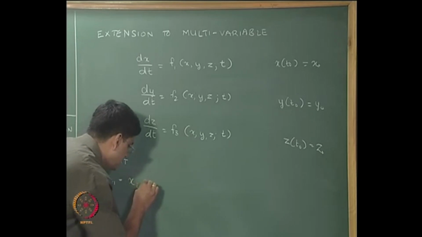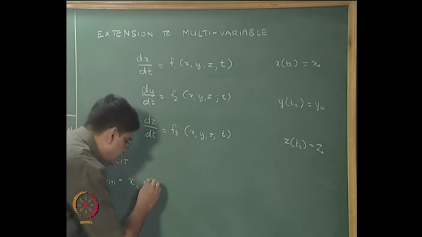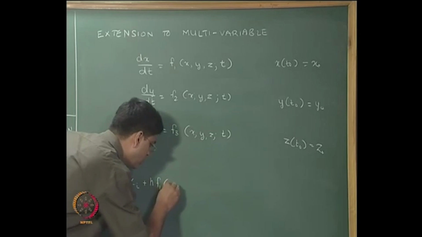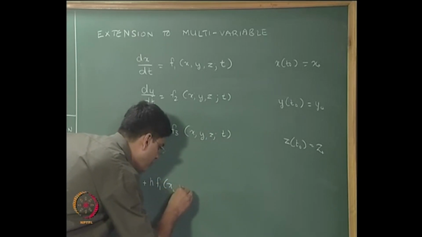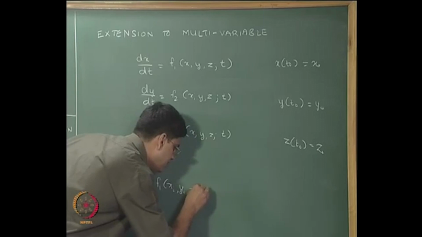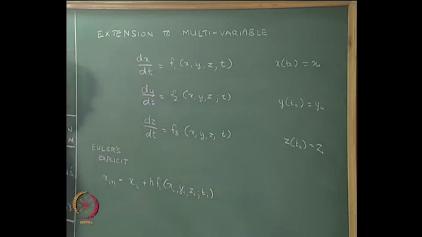xi plus 1 equal to xi plus h times f1 of xi, yi, zi, ti. Okay.